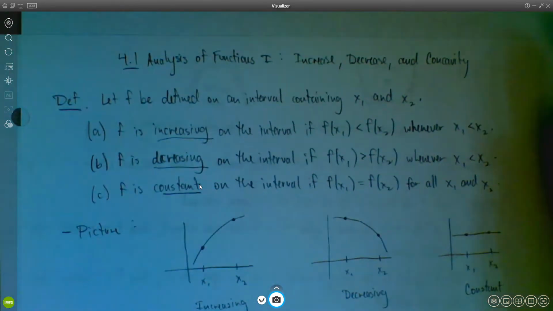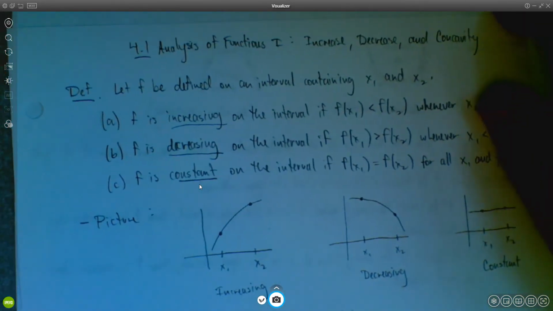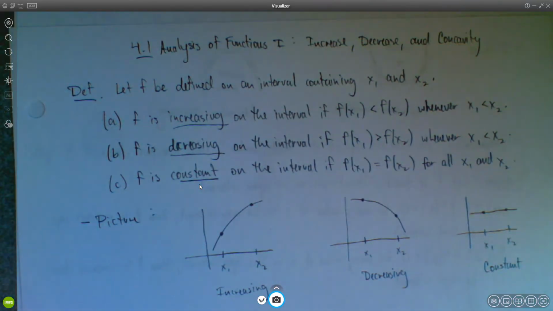In 4.1 through 4.3, we're going to be talking about analysis of functions. Our goal is to basically understand what the graphs of functions look like. So that involves us finding maximum and minimum values, intervals of increase and decrease.